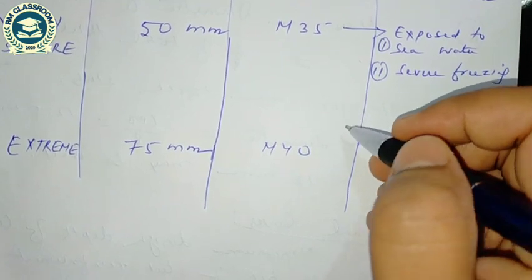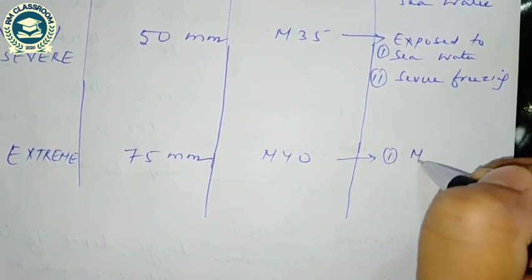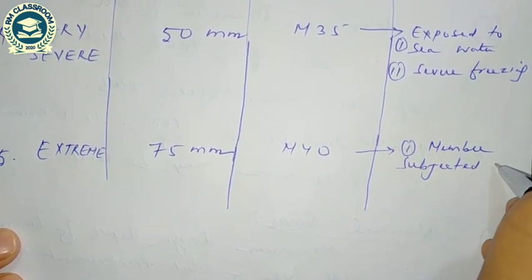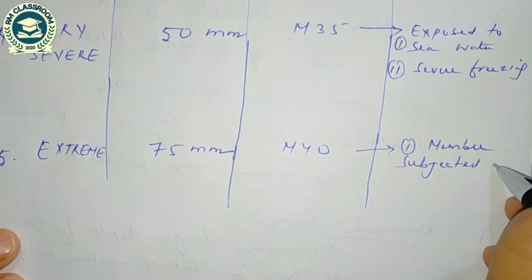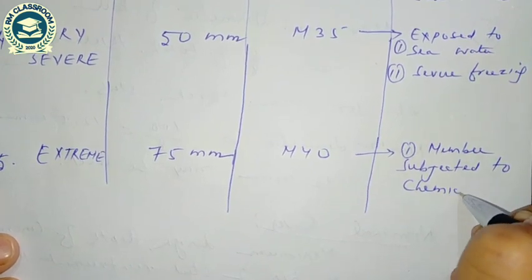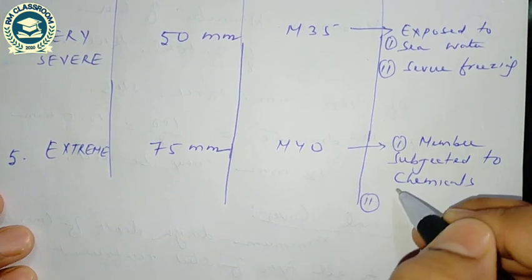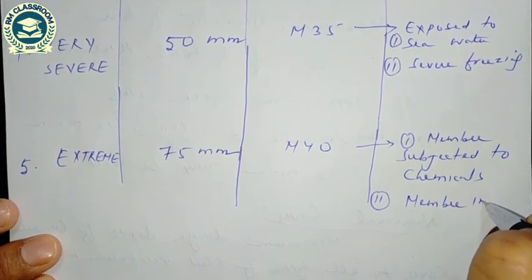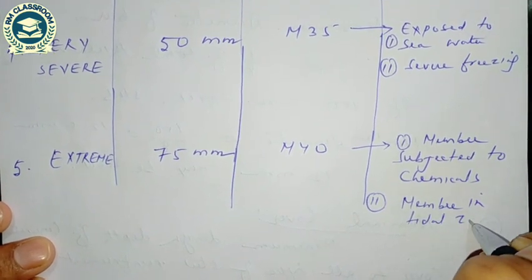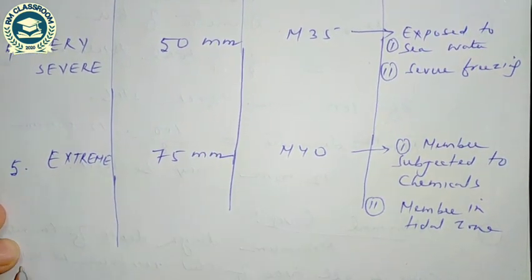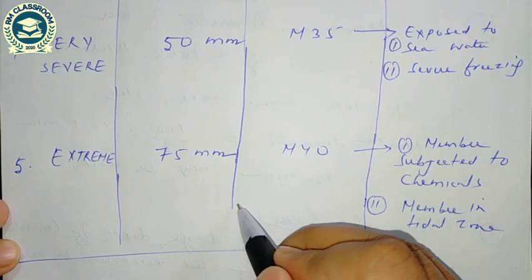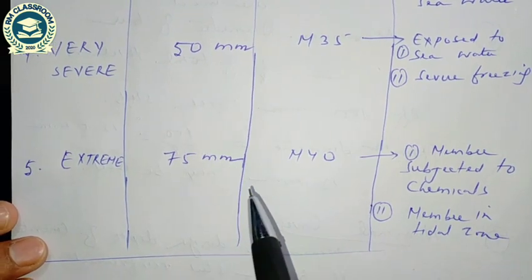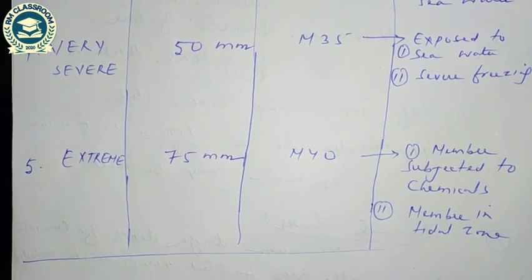This covers members subjected to chemicals in the water, and members in the tidal zone. So these are the exposure conditions we have seen; for different exposure conditions, a minimum nominal cover and a minimum grade of concrete are taken.